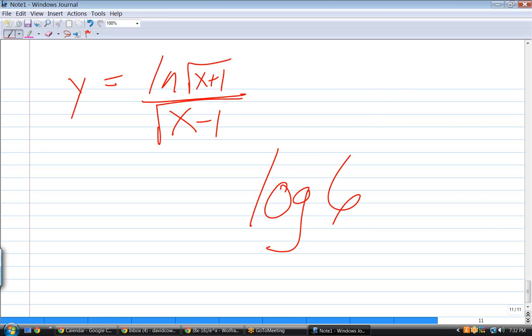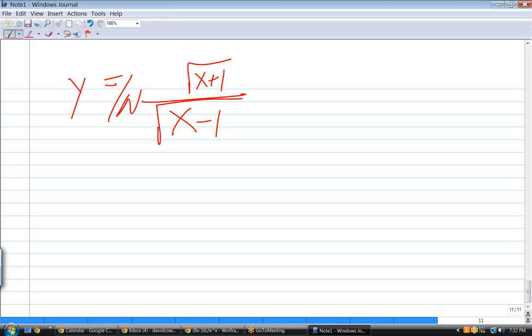It's log of 6 in the way that if I say f of x, that doesn't mean f times x. It means f of x, a function of x. Log is the same way. It's not multiplication. So you're saying the natural log is out front like this, and this all is in the argument? Yes.